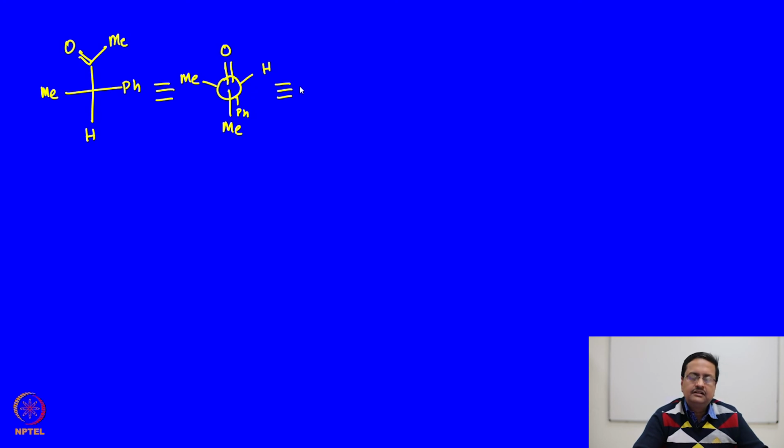But as per Felkin-Anh model, if we try to draw the transition state or the geometry of the molecule, it would be like this.